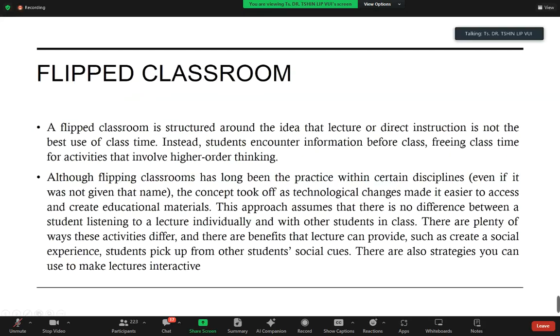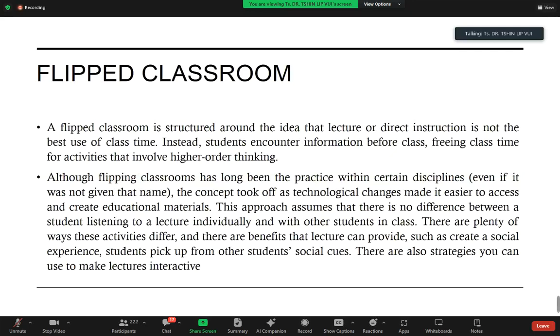Okay, flipped classroom. A flipped classroom is structured around the idea that lecture or direct instruction is not the best use of class time. Instead, students encounter information before class, freeing class time for activities that involve higher order thinking.